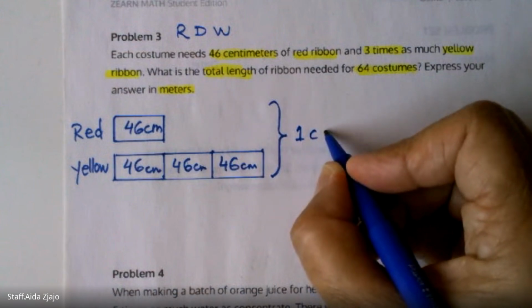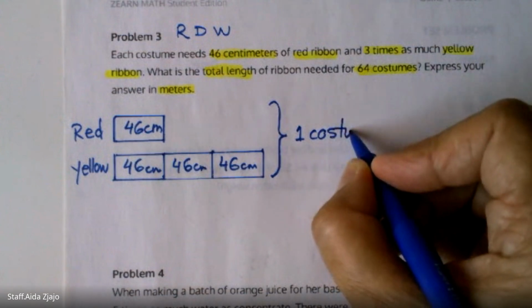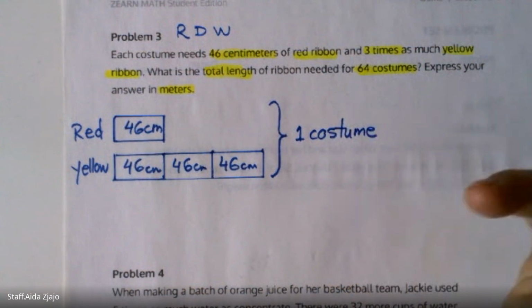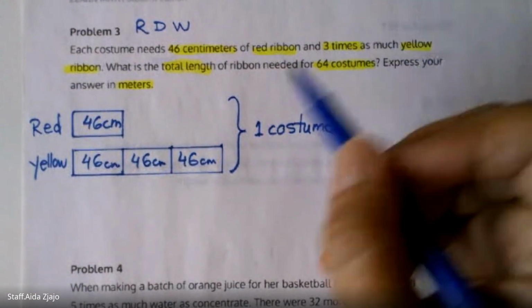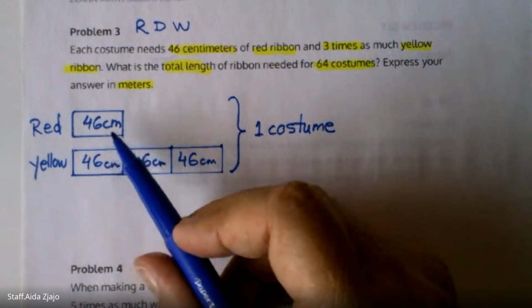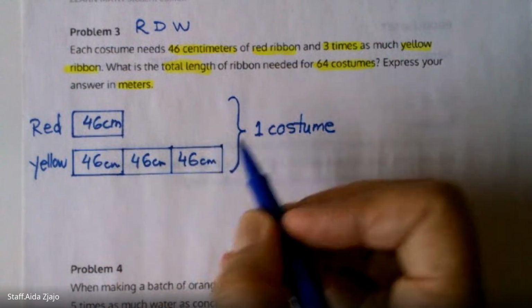Sorry, I was thinking customer, but it's costume. They're making costumes. Apologies for misunderstanding the English. So this is 46, and 3 times 46 would be yellow.